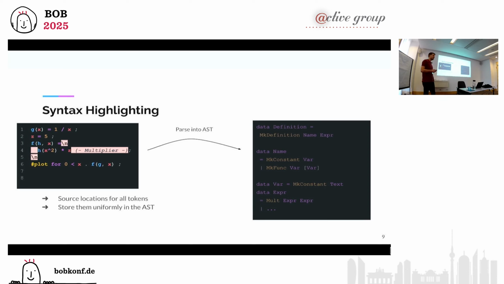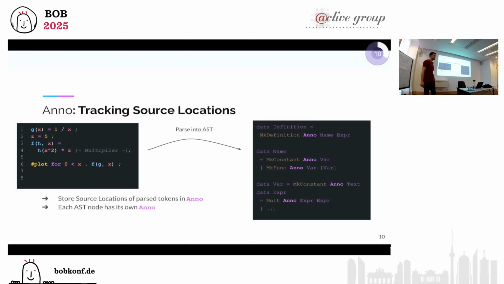So our solution to the problem is introducing the annotype. The annotype, which is an abbreviation for source annotation, is basically our kitchen sink to put everything that we need to provide all kinds of IDE features, especially syntax highlighting, without putting a lot of types into our abstract syntax tree, so as to keep it as abstract as possible.